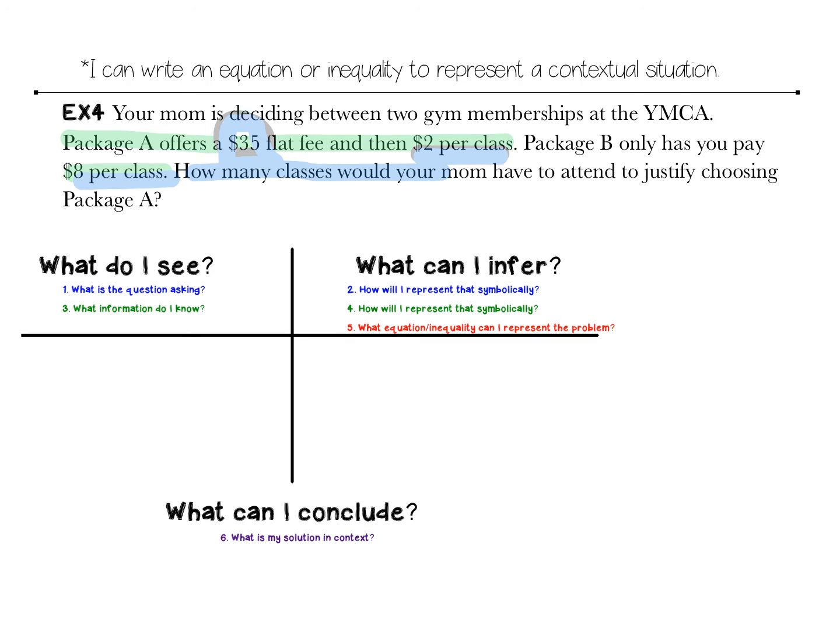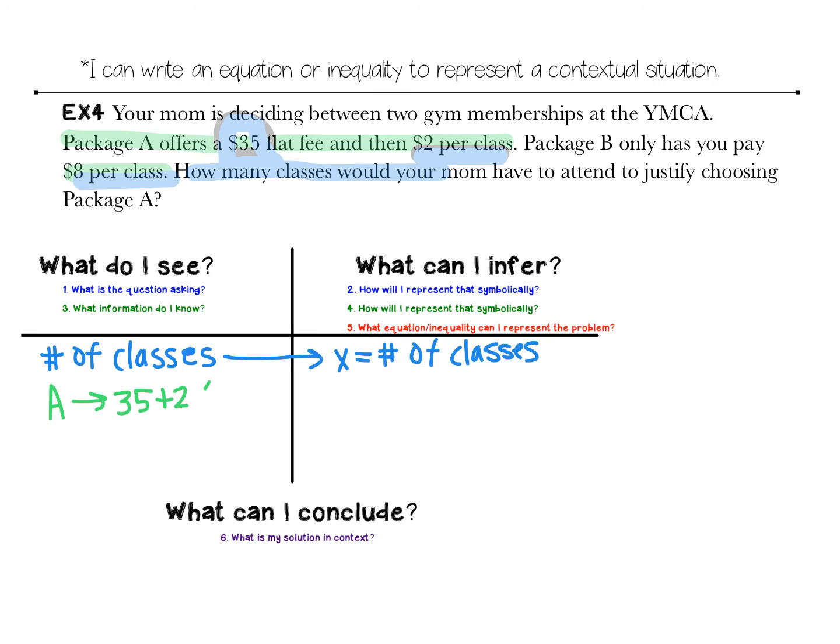So we need to start with, what is the question asking? So the question is asking the number of classes. All right, so I'm going to represent the number of classes by X. And I know that A offers $35 plus $2 per class, and then B is $8 per class.